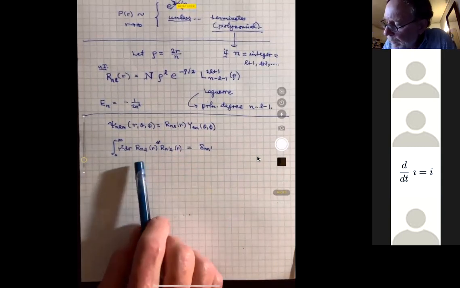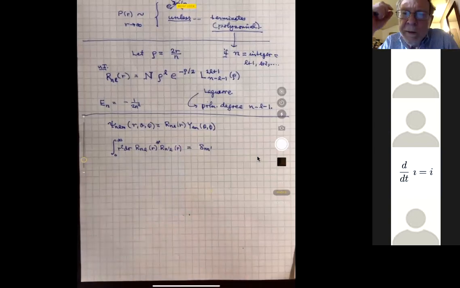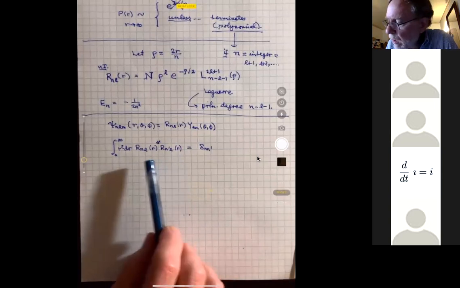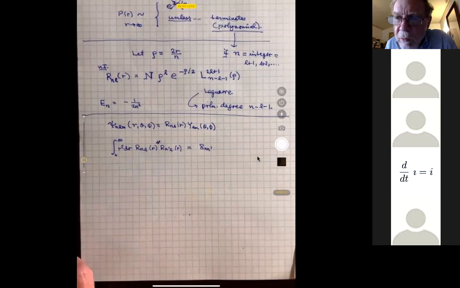So you get an orthonormality between different values of n, but the same value of L. And that's because these are just 1D eigenfunctions of a given 1D equation. You don't get orthonormality amongst the R n L's for different values of L because those are different radial wave equations. Those, in fact, are not orthogonal to one another.